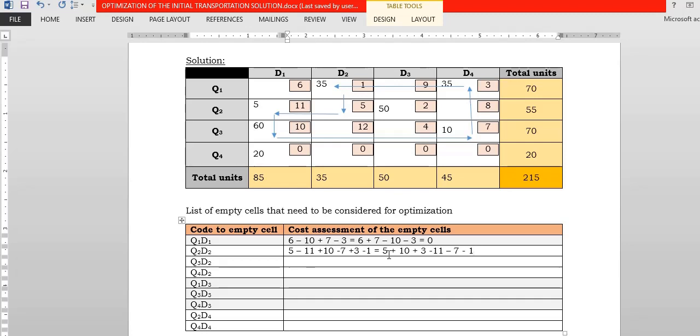So there are 6 items that you can see: 1, 2, 3, 4, 5, 6. So 5 plus 10 is 15, 15 plus 3 is 18. 11 plus 7 is 18, plus 1 is 19, so we subtract and it gives you negative 1.